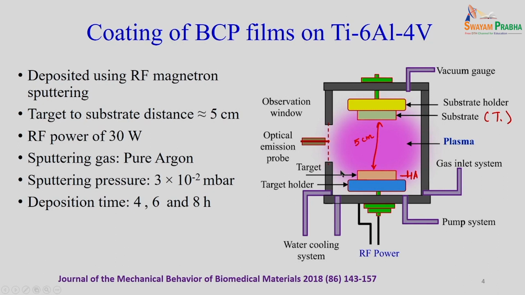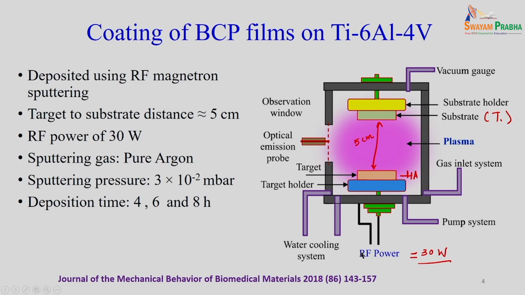For the plasma creation, the inert gas, here argon, was used, and RF power was 30 watt. The vacuum pressure maintained was 3 into 10 to the power minus 2 millibar.